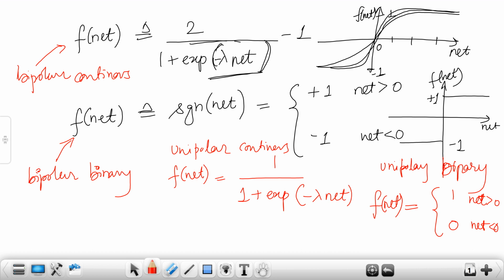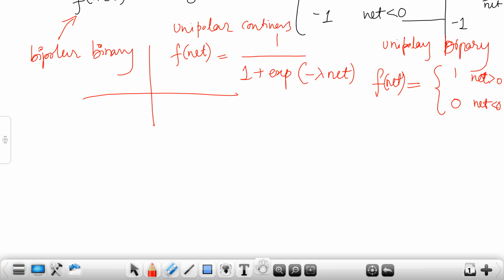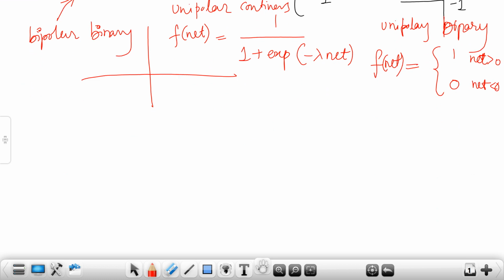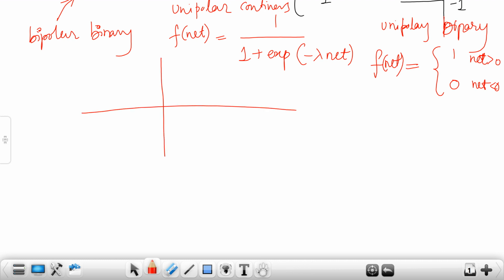So this is what we have, and how will this look? This will roughly look like this, because it's a unipolar function, right? So how will it look? I'll just draw it here. All the values will be on top.